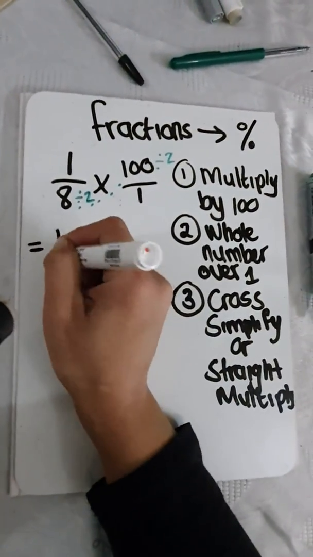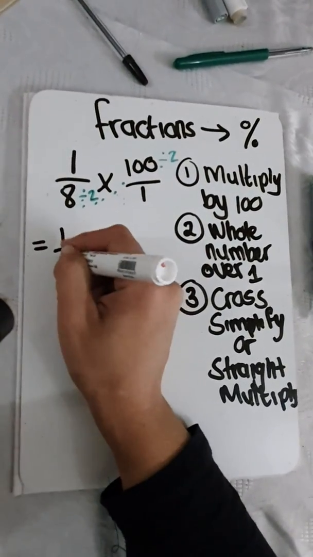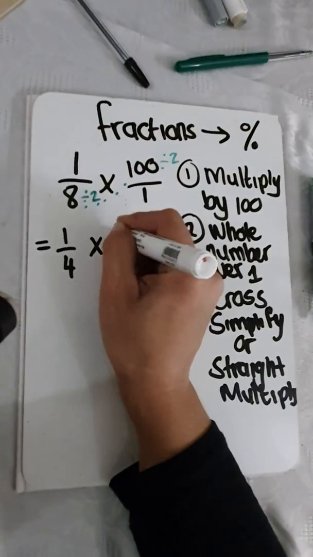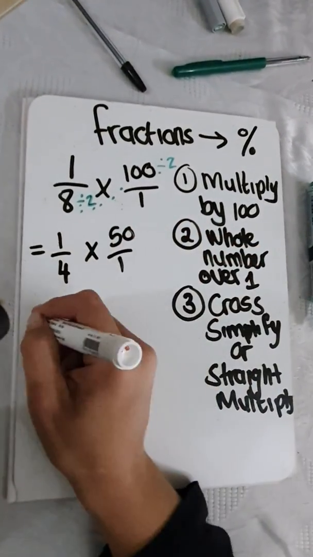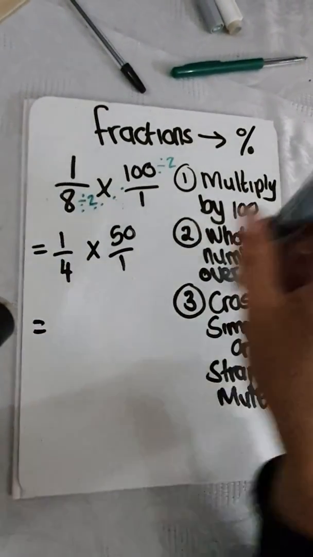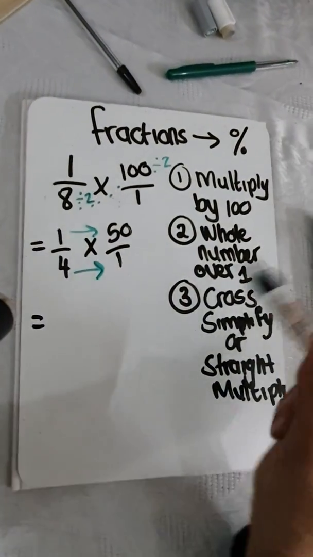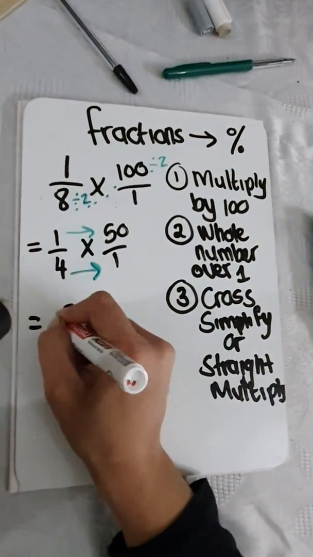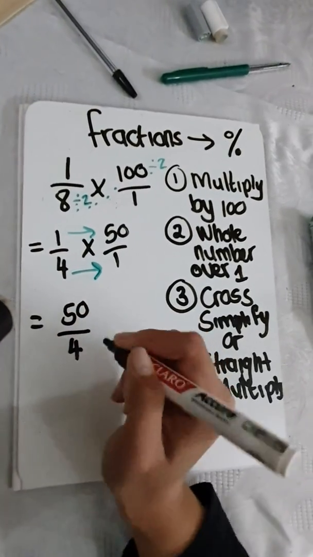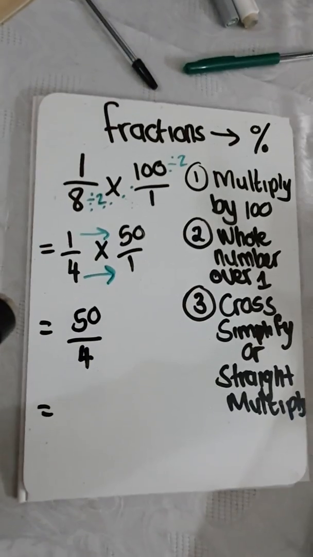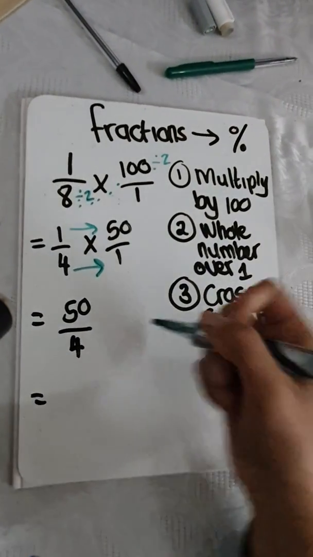So I have 1 over 4, because 8 divided by 2 is 4, times 50 over 1. I now do straight multiplication, and this gives me 1 times 50 is 50 and 4 times 1 is 4. In the end, I do need to simplify by dividing.